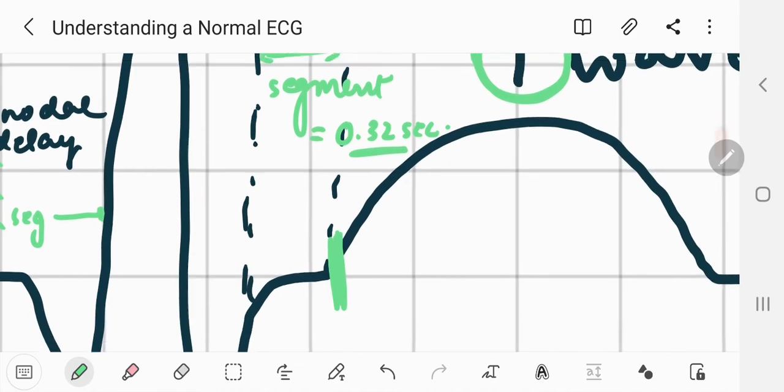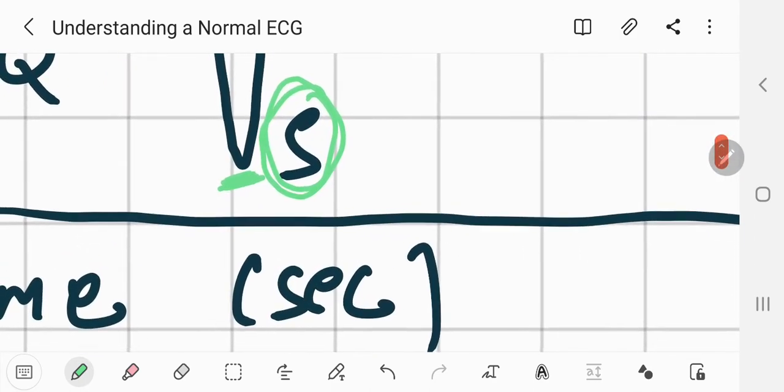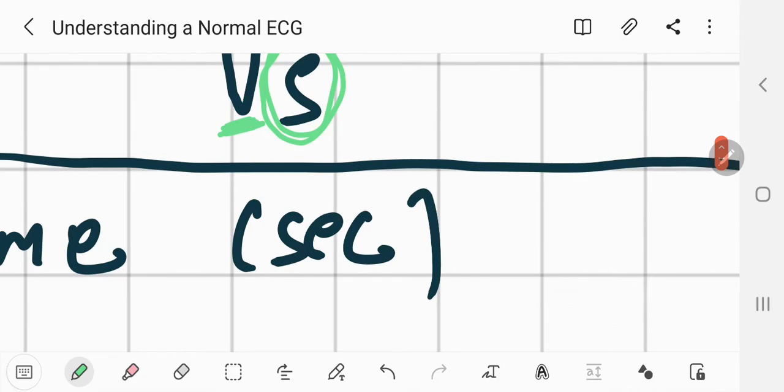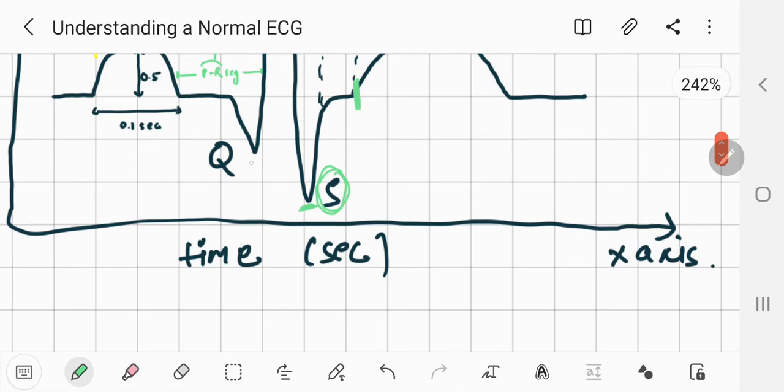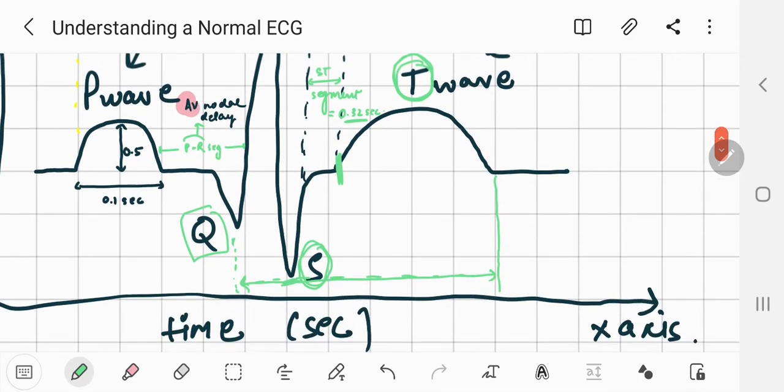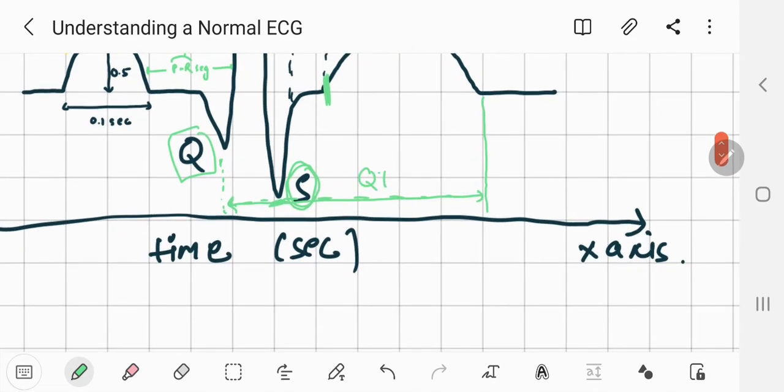Okay, now another important interval is the QT interval. Now, the QT interval starts from the beginning of the Q wave until the end of the T wave. So this interval here, from the beginning of the Q wave until the end of the T wave here, is the QT interval.